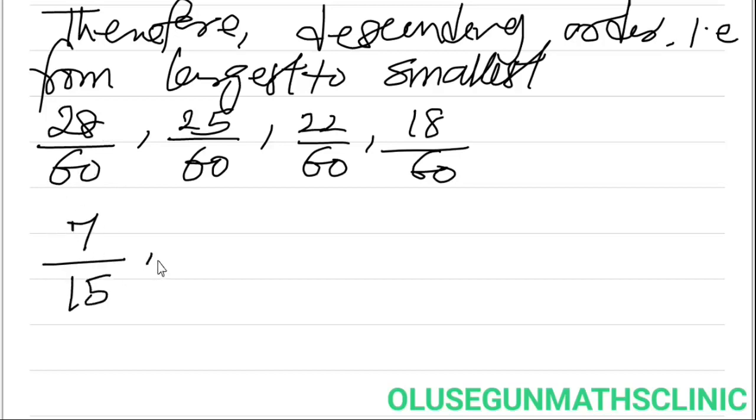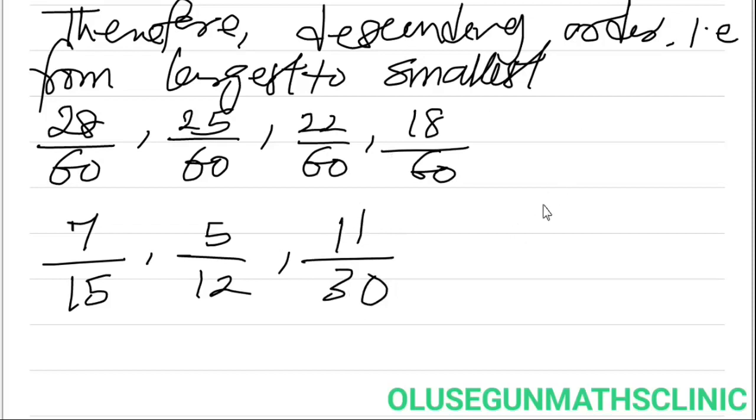It means 7 over 15 is the highest, followed by the one that forms 25, which is 5 over 12. The one that forms 22 is 11 over 30. And the least one, which is the final, is 3 over 10. So this is the highest, this is the lowest.